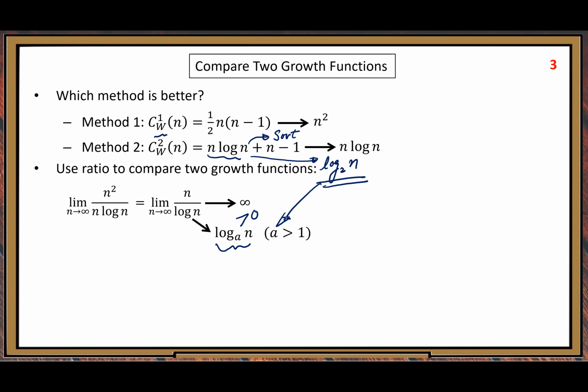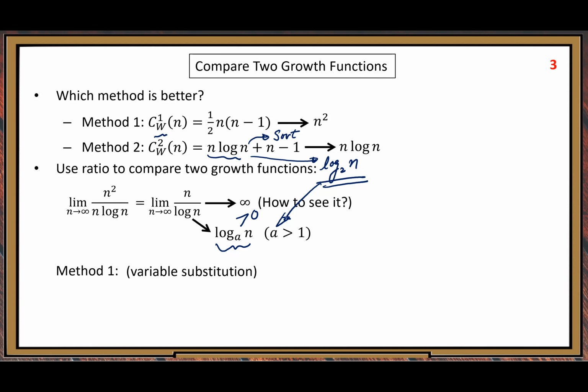And here we want to see that this ratio goes to infinity when n approaches infinity. How do you see that? Let me show you the details. I use two methods.